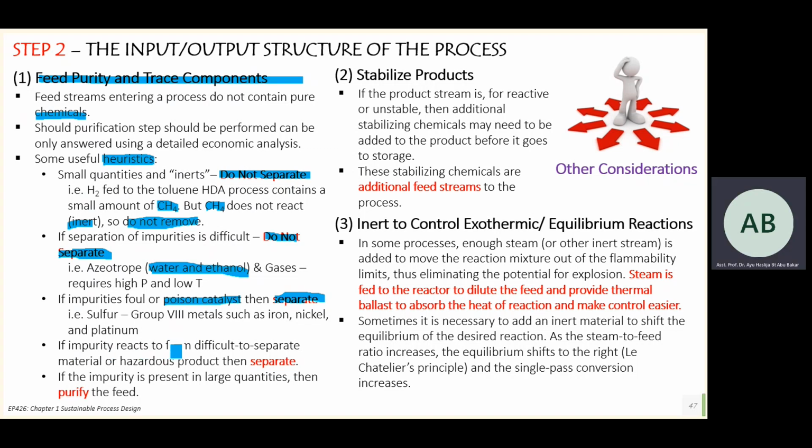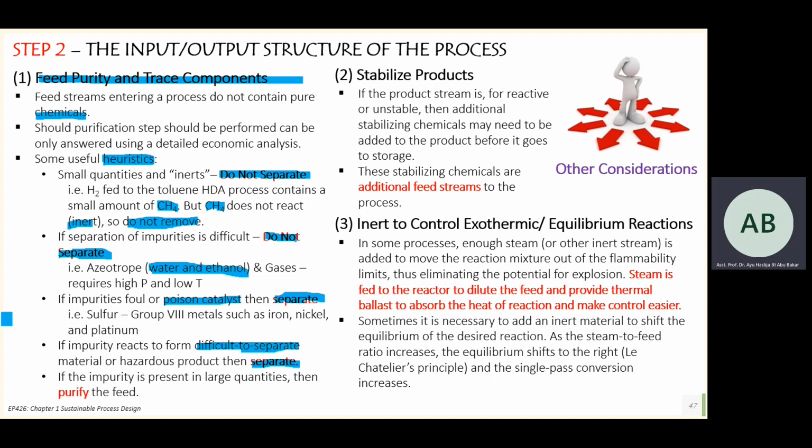If an impurity reacts to form something difficult to separate, then also separate it. If you don't separate the impurity, later on in the next reaction it is formed with the chemicals, and after that the product is difficult to separate. Okay, get what I mean?